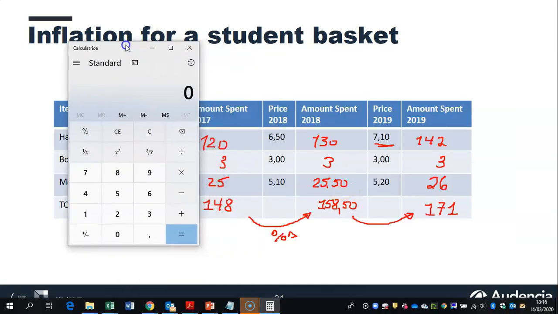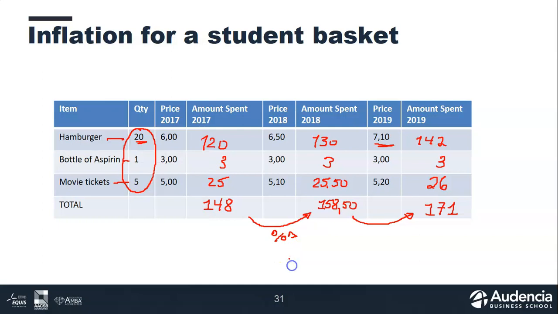So we've got 158.50, and the previous price was 148. So we've got a 7% increase in prices. So we can note that. So our inflation rate here is about 7%.